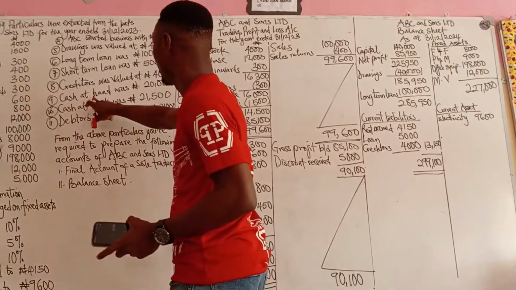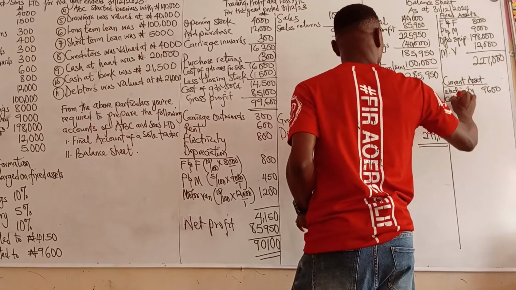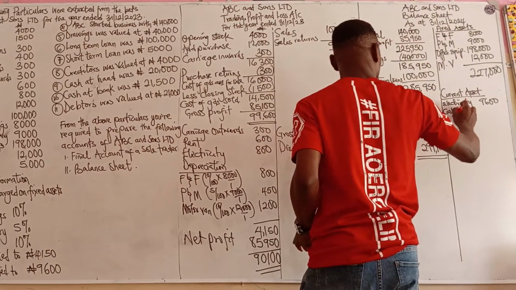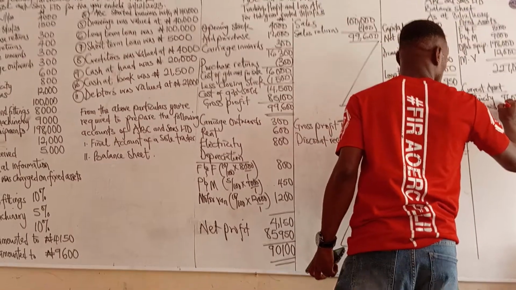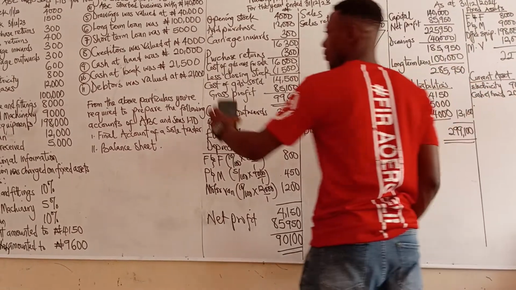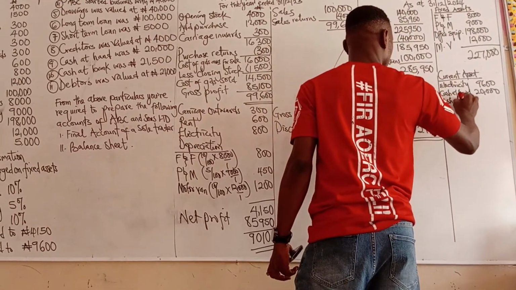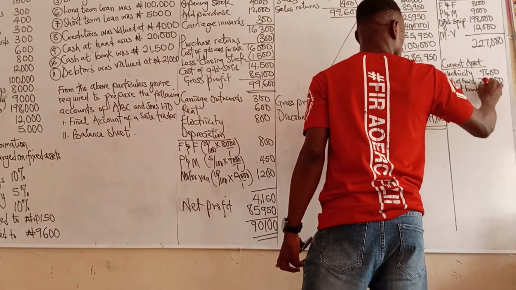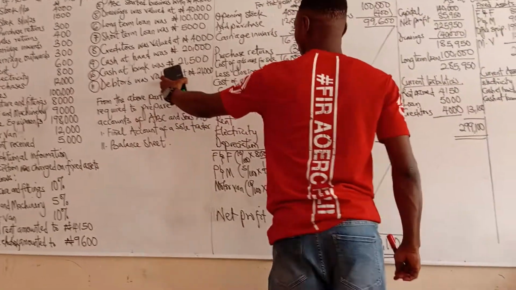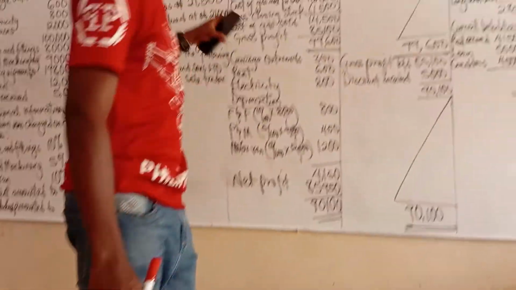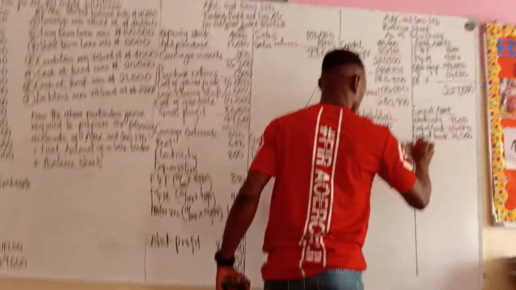Then we have cash at hand. Cash at hand and cash at bank are both current assets. We have 20,000. We have cash at bank 21,500. Then I also have debtors. Debtors are also assets because when they pay back, they increase the value of the company.